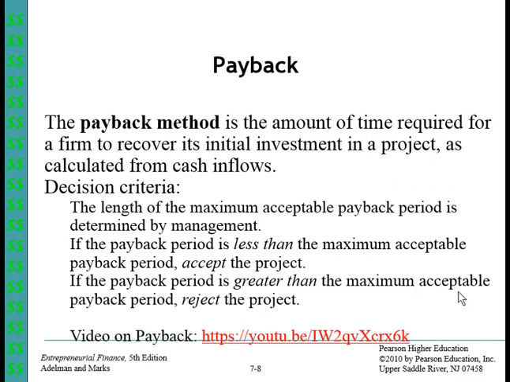So the first category that we want to talk about is something called the payback method. And of course, there's a video here that you can watch that discusses this payback method. But essentially, it is the amount of time it takes for you to receive your money once you spend the money. Right? So it's the payback, it's the recovery period for getting your cash back.